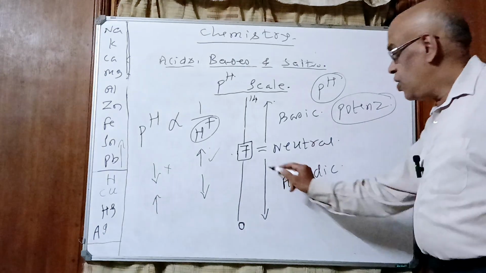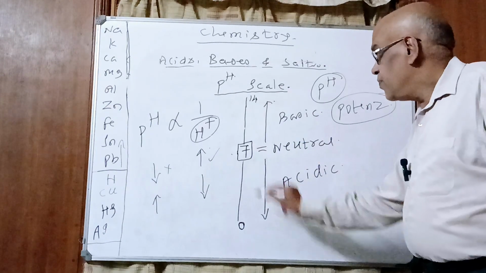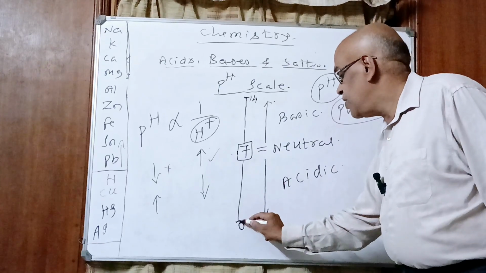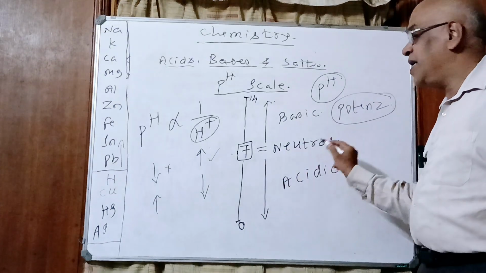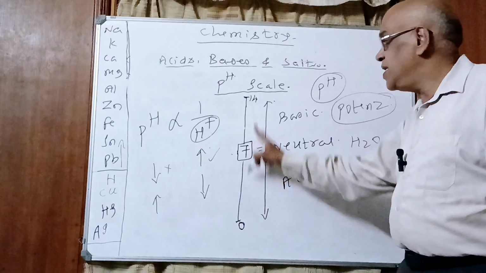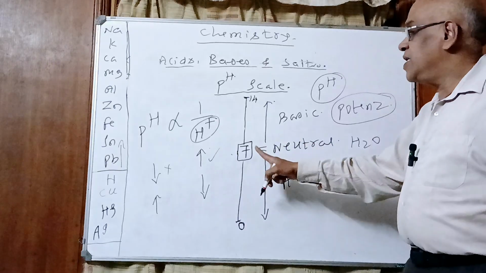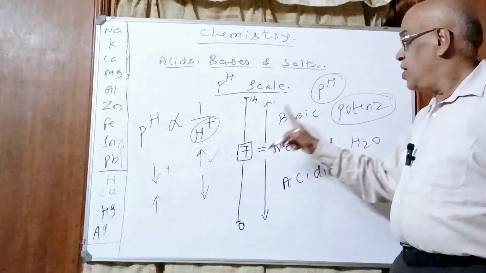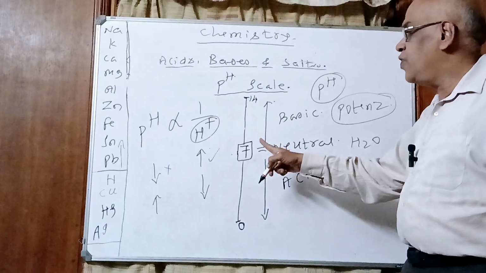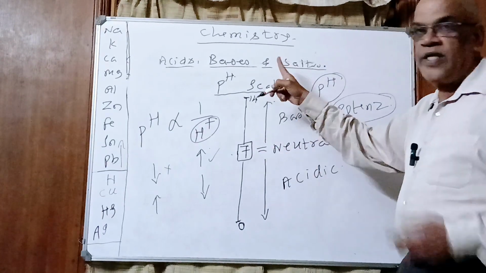Understood, children? Look at the scale here. When the pH is exactly 7, the solution is neutral, neither acidic nor basic. Example, water. As the pH increases from 7, concentration of hydrogen ion decreases, means concentration of hydroxide ion increases, therefore it will be basic.